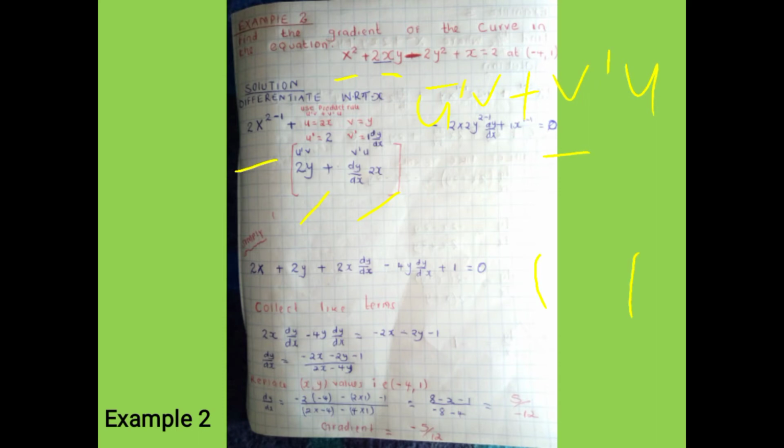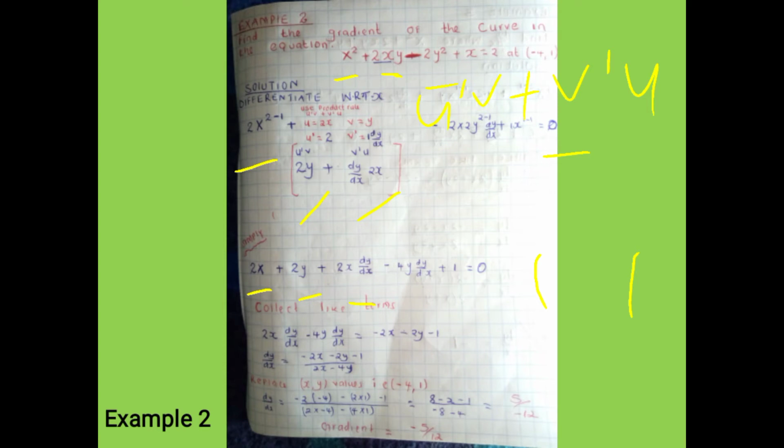And this simplified, you get 2x plus 2y plus 2x dy dx minus 4y dy dx plus 1 is equal to 0. You have to collect the like terms to make it simpler.